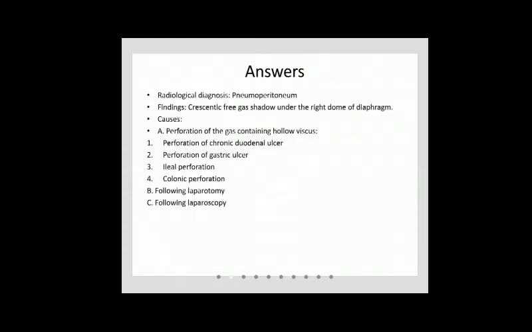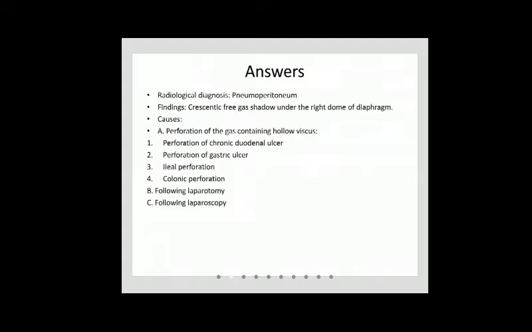So now look at the answer. Our radiological diagnosis is pneumoperitoneum.